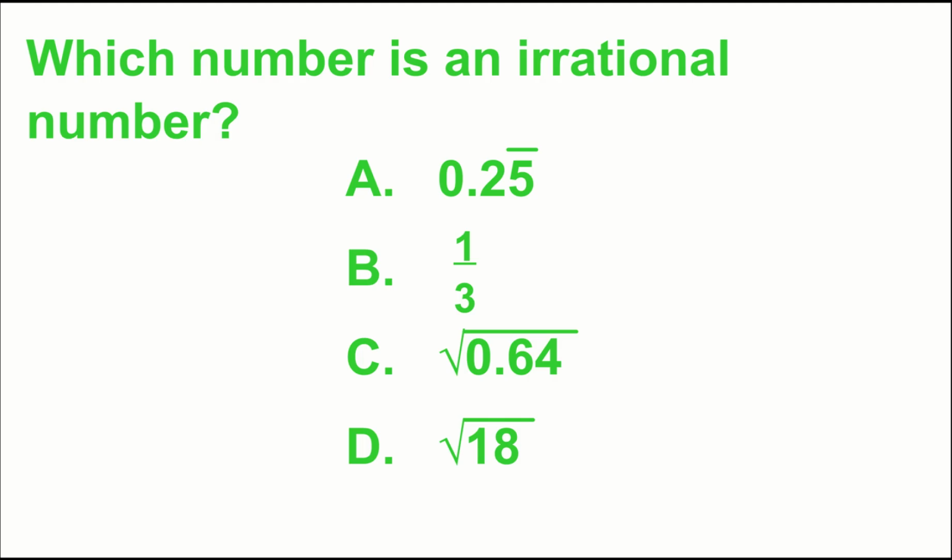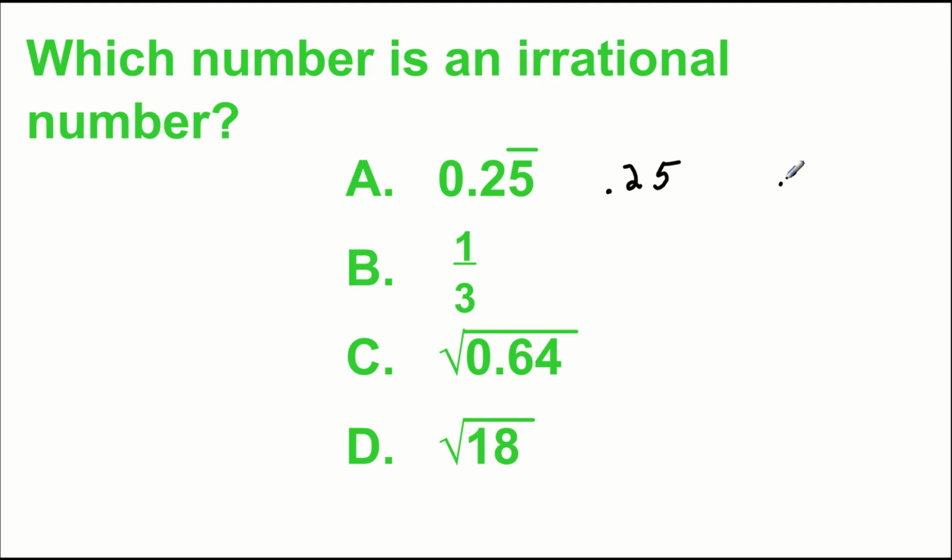All right, so the way this works with rational and irrational numbers, decimals that are repeating, the line on the top means it's repeating, are rational. Decimals that are terminating, that means it's a decimal that just stops, those are rational.